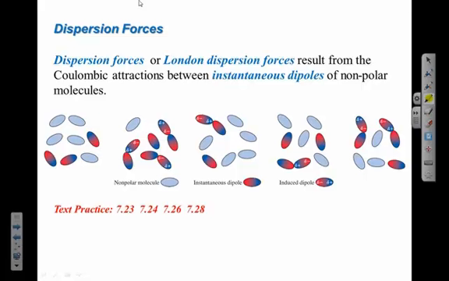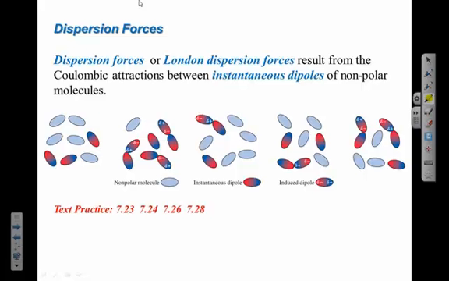So if I have lots of these atoms with lots of layers of electrons moving around, those layers of electrons are very fluid, and they can easily shift to one side or the other and create a temporary partial charge and become involved in London forces.